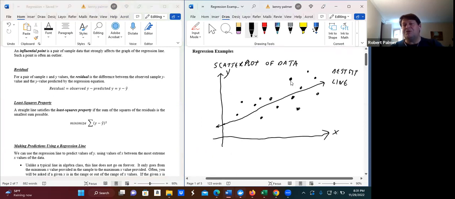So let's draw some of the residuals here. For example, if I draw a line from each point of my data to this best fit line, these are what are called the residuals. Right here, this is some X and Y value of the data.